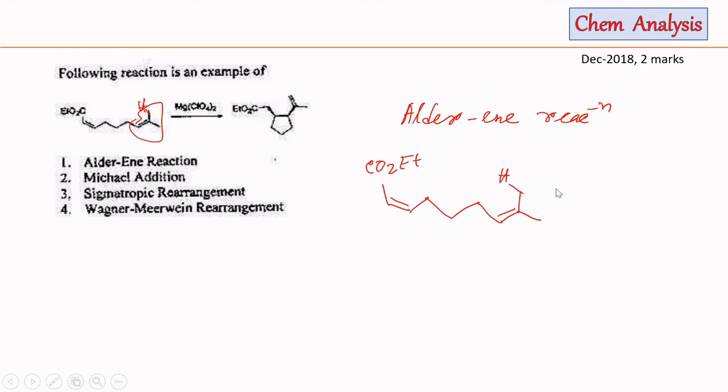in the Alder-ene reaction, there is an involvement of 4 electrons from the allylic part, that is, 2 electrons from this pi bond and 2 electrons from this CH sigma bond, and another 2 electrons are coming from this olefin, and they will react with each other to form such a cyclic ring.